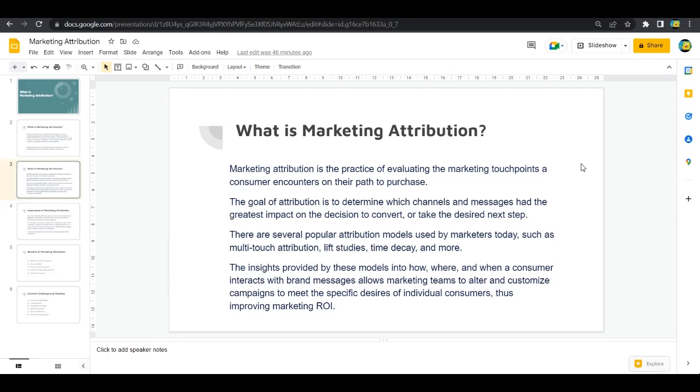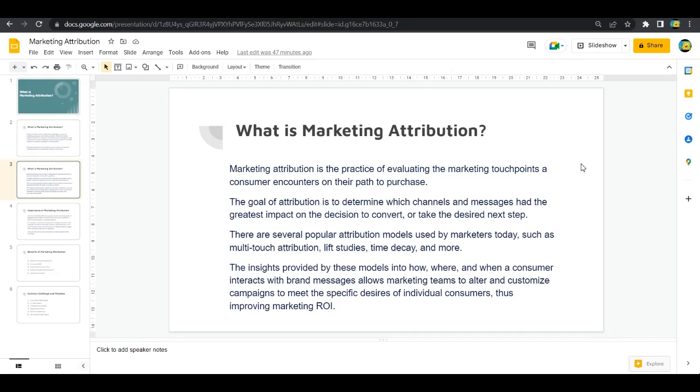So this in turn becomes the whole journey, and there are various touch points in between this journey, like the customer could have gone to the about page, they could have gone to a specific product page or some other pages. So these interactions in between become touch points, right? So marketing attribution is just a practice of evaluating these touch points.